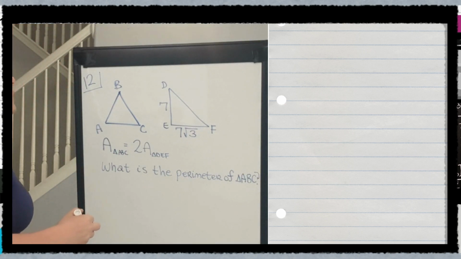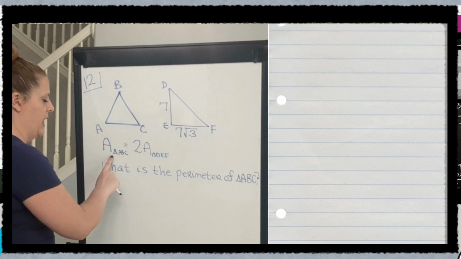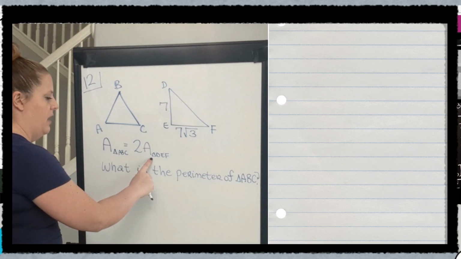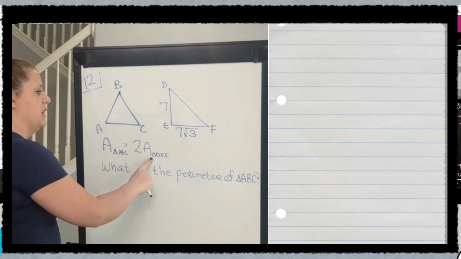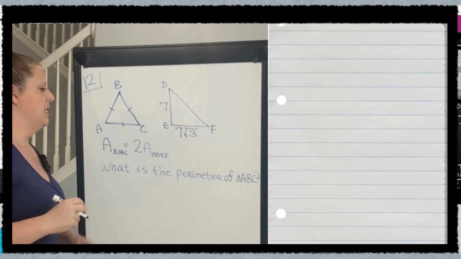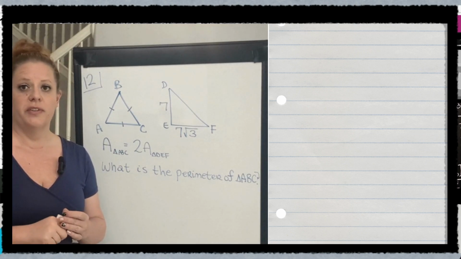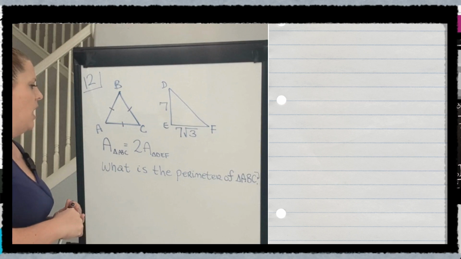So we are given a couple of values here for DEF. And again, we know that ABC is twice the area of DEF. They also tell us ABC is equilateral. I'm going to draw on those little tick marks. And what that means is they're each congruent to one another. They're all the same measurement. And we want to find the perimeter of ABC.